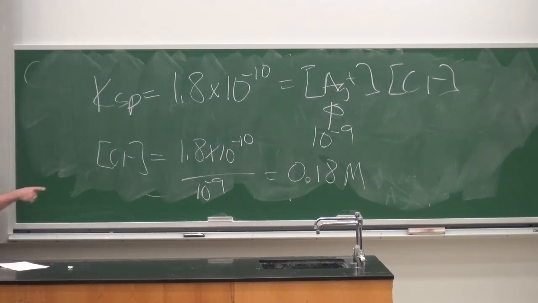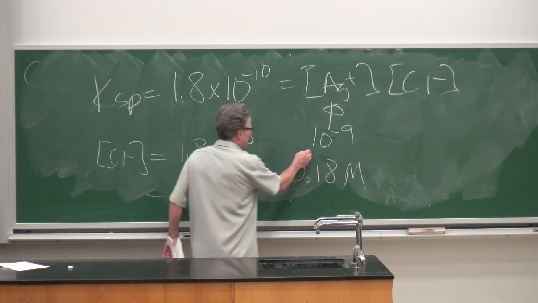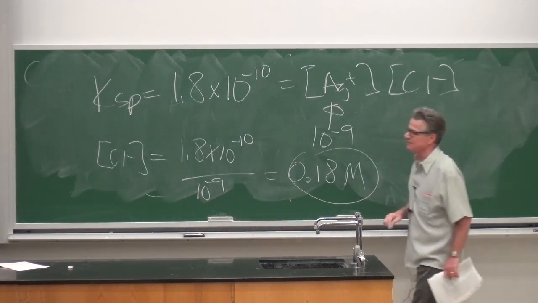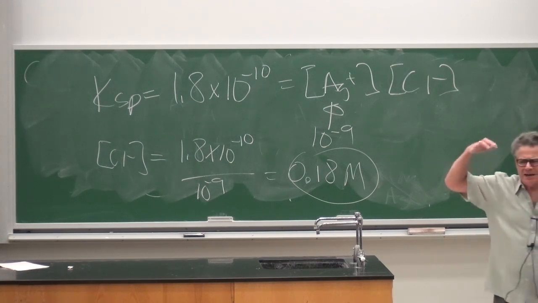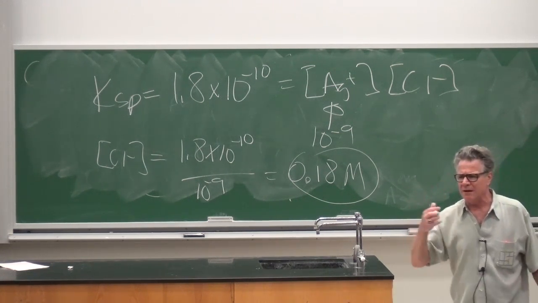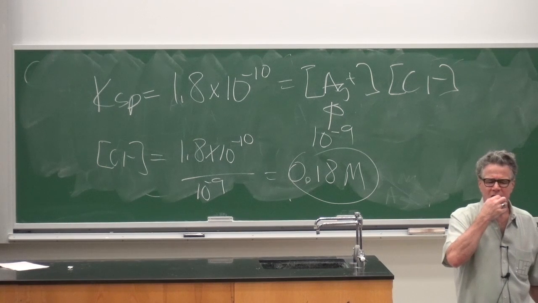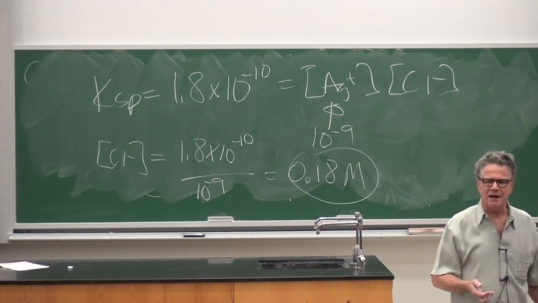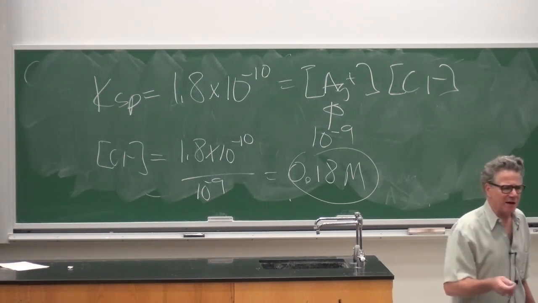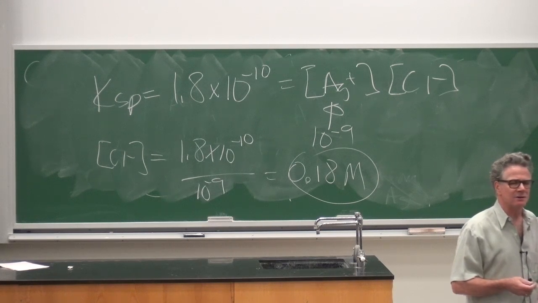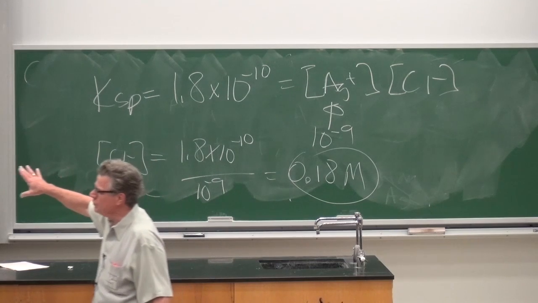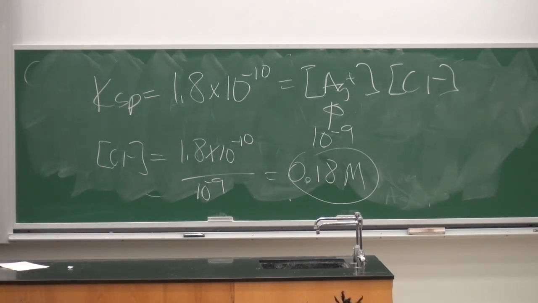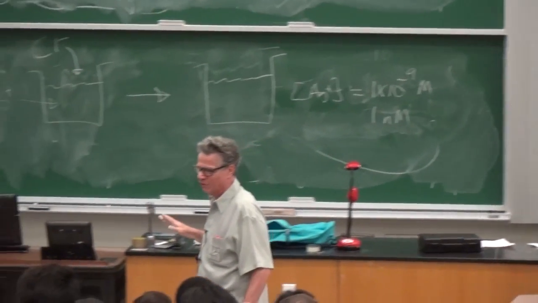And in order to achieve that, I've got to have a pretty high concentration of chloride. I've got to dump a bunch of chloride in there and get the concentration up to 0.18 molar to drop it down to 10 to the minus 9. But what if I was even greedier? What if I wanted 10 to the minus 12? I couldn't sleep at night unless I got it all out to the point there was only 10 to the minus 12 molar.